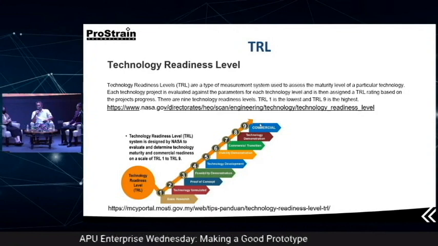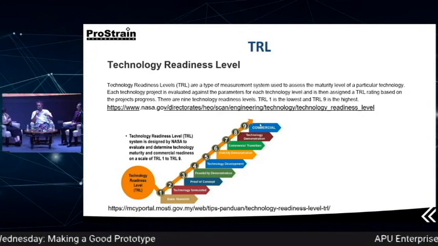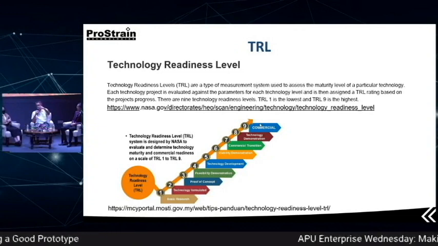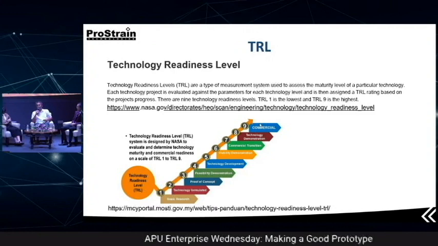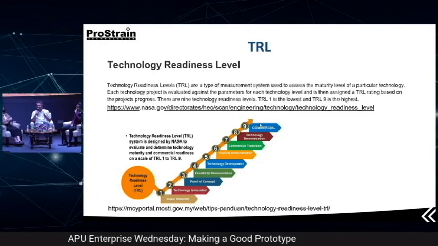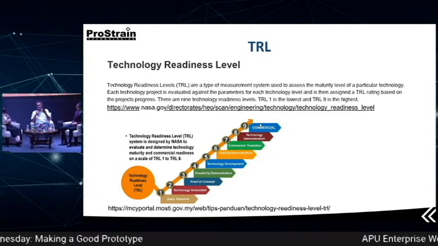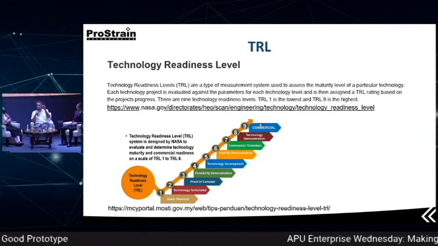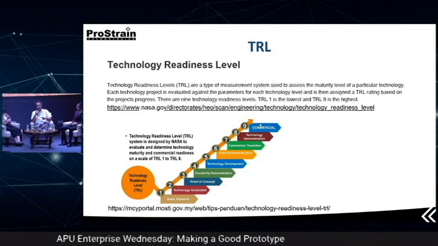But a prototype can start from TRL 1 and climb to 2, 3, 4 until 8. Sometimes, if you are good enough as a team, you can jump, and say my prototype has already achieved TRL 4, TRL 5, TRL 6.